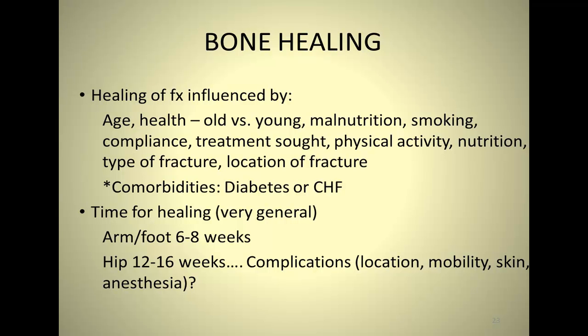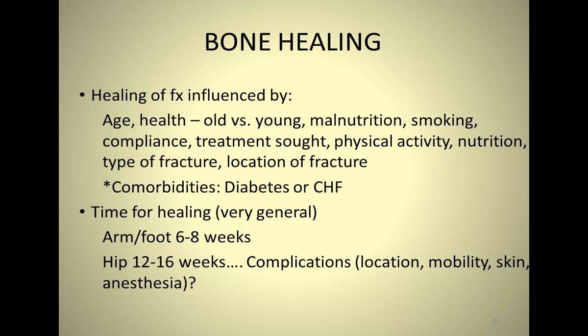So was treatment sought? Did they follow through on their treatment plan? What about if the doc fixed it right? Does that happen? You betcha. What is their physical activity before, during, and after? Like I said, that all, with nutrition, impacts how well you're going to heal. The type of fracture and the location all impact that. What about your comorbidities?